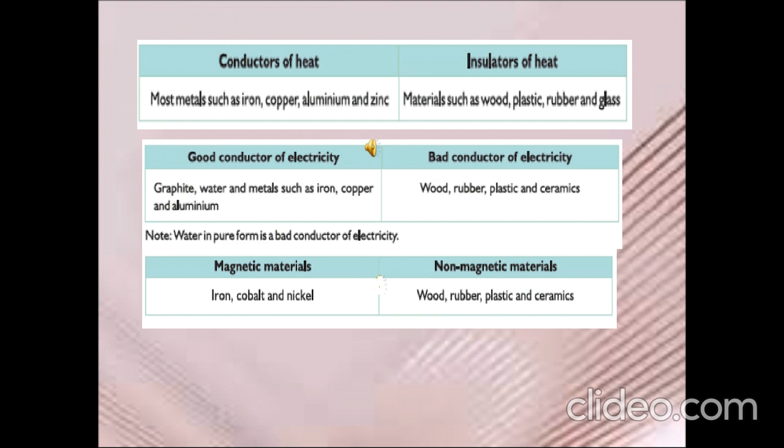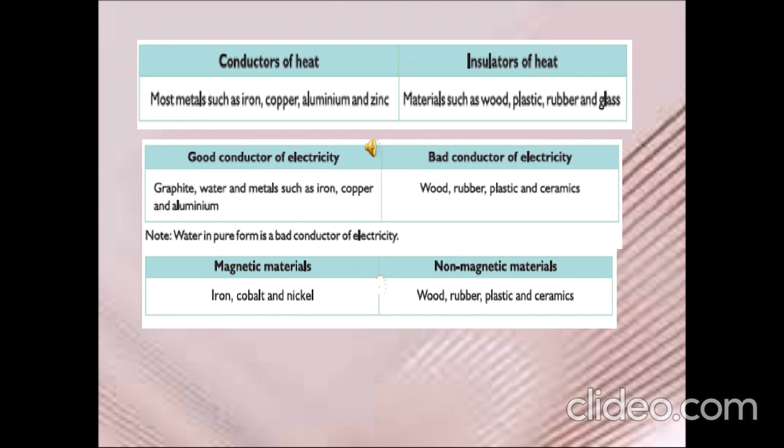Examples are graphite, copper, aluminium, etc. Some materials don't conduct heat, for example plastic, wood, etc. And a conductor of heat might also be a good conductor of electricity. Okay, and bad conductors of electricity are wood and rubber.